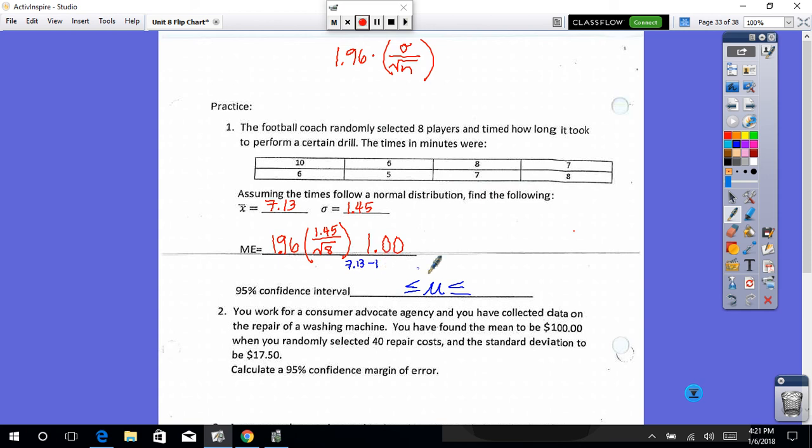I am subtracting my margin of error. Over here, I am adding my margin of error. So my confidence interval will be 6.13 and 8.13. So between 6.13 and 8.13.